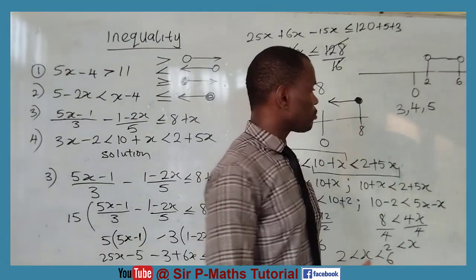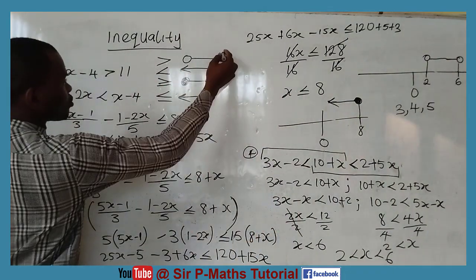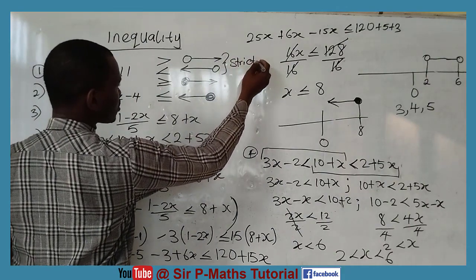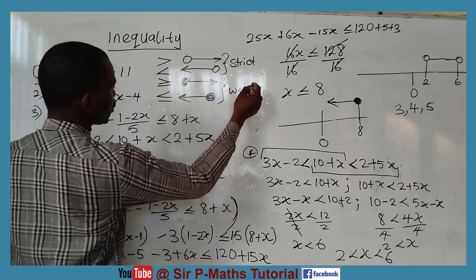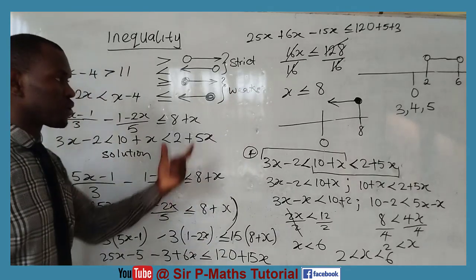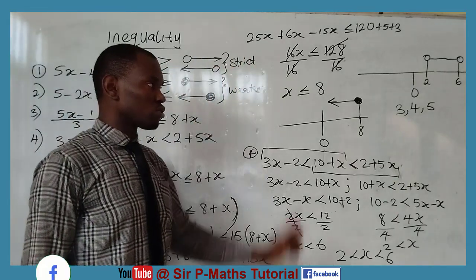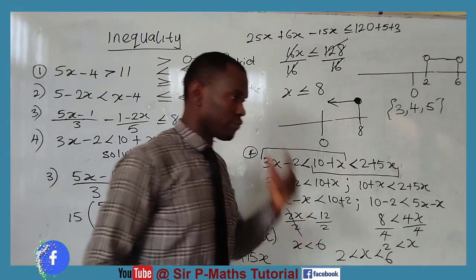We cannot touch them because we're talking about strict inequalities. I forgot to tell us that these two are called strict inequality, while these two, we call it weak inequality. Boundaries are not touched at all. So the numbers are 3, 4, and 5.